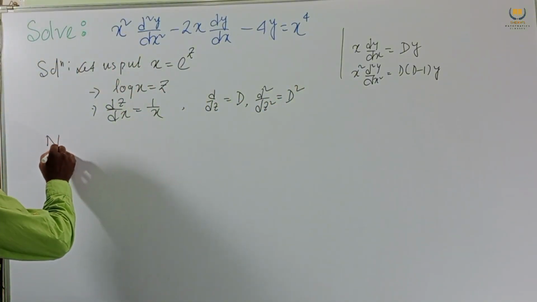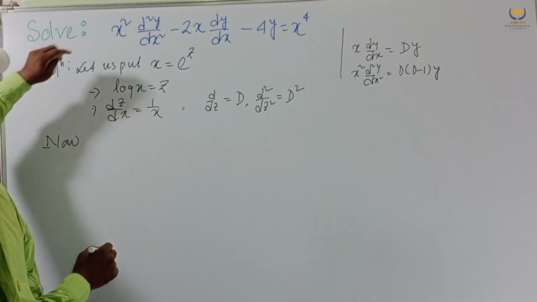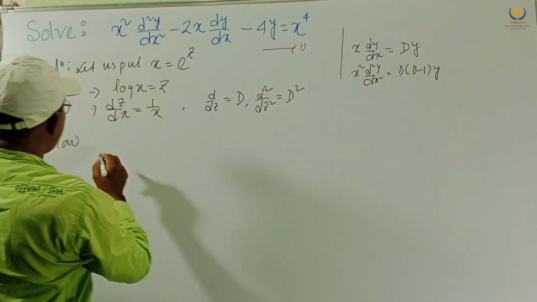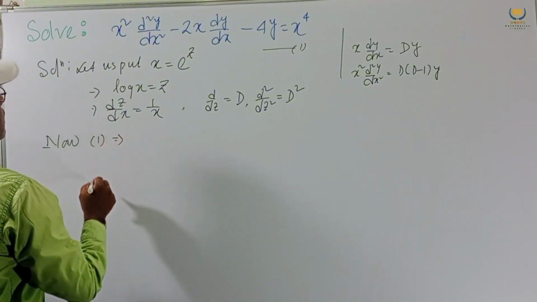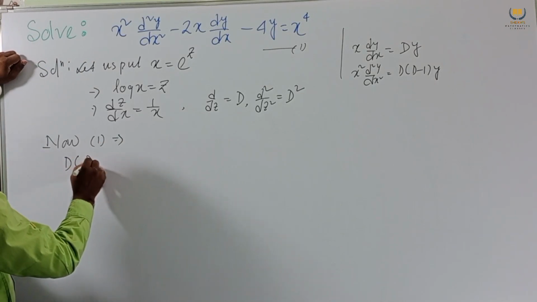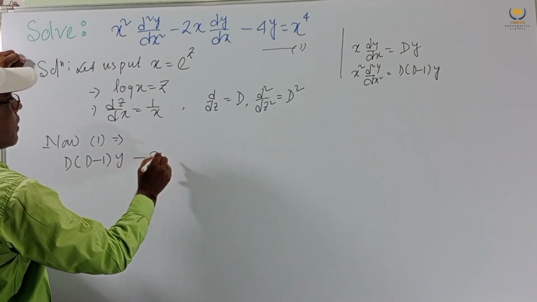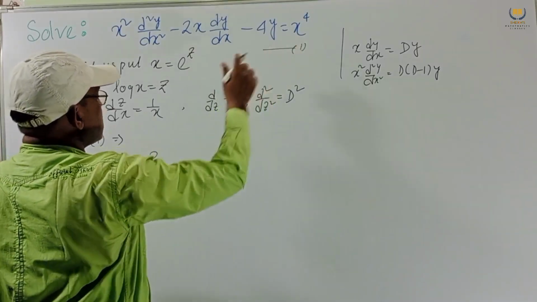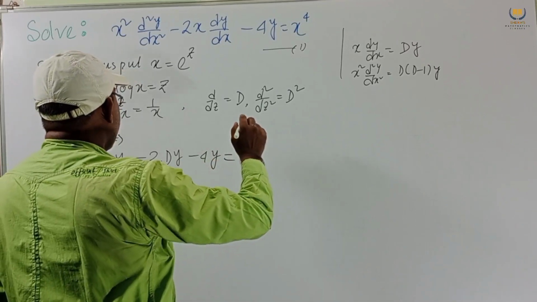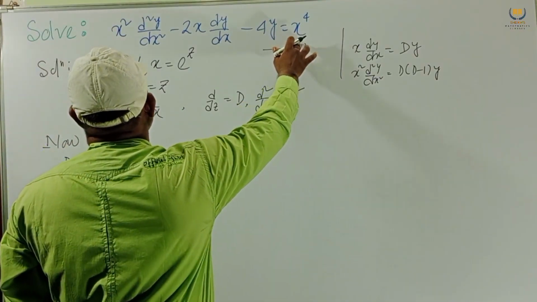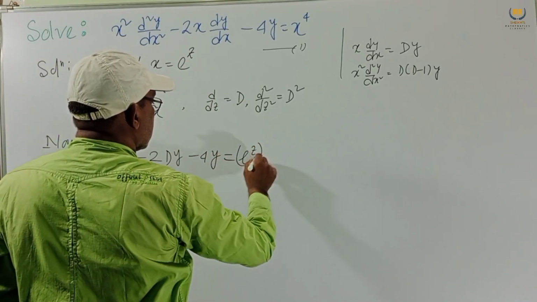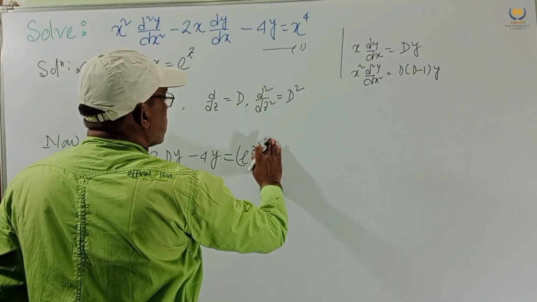Now the given equation, this is number 1. Implies x square d square y/dx square we write D(D minus 1)y, and x dy/dx means Dy, twice Dy minus 4y equals x to the power 4, where x means e to the power z, all to the power 4.